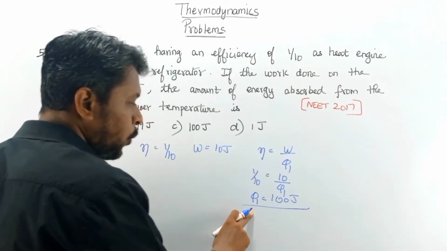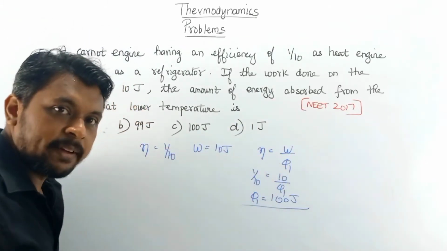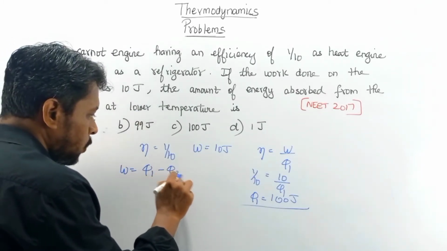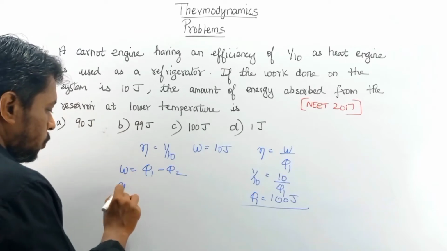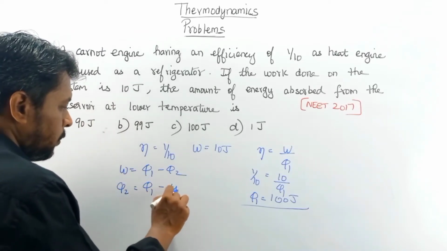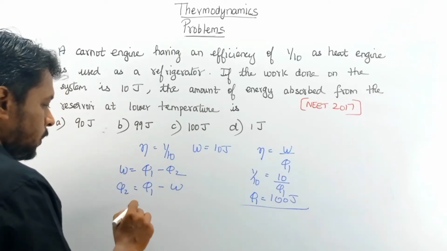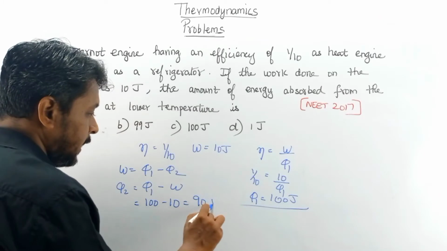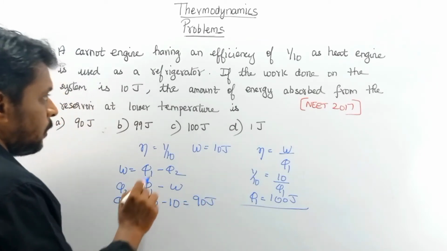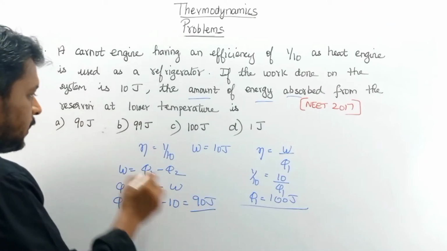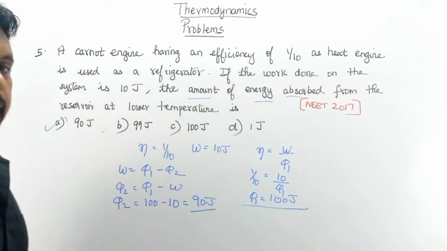Now you know Q1 and W, so you can easily find Q2 because W is equal to Q1 minus Q2. So Q2 is nothing but Q1 minus W, which is 100 minus 10, which is equal to 90 joules. So the amount of energy absorbed from the reservoir at low temperature is 90 joules. Option A is the right answer.